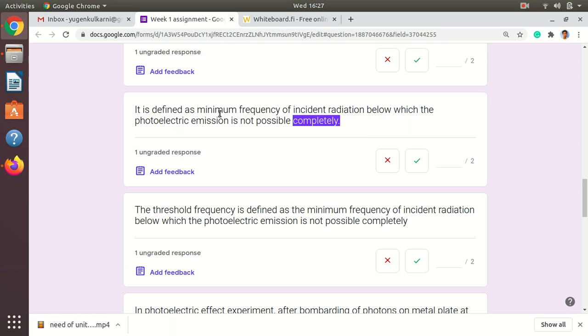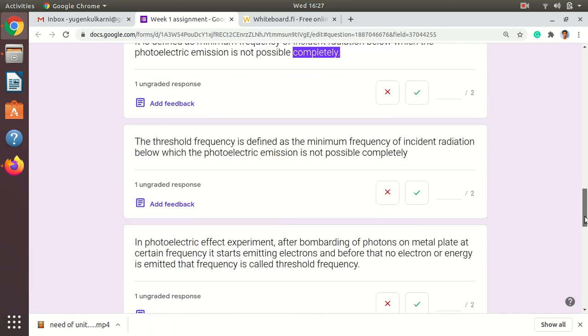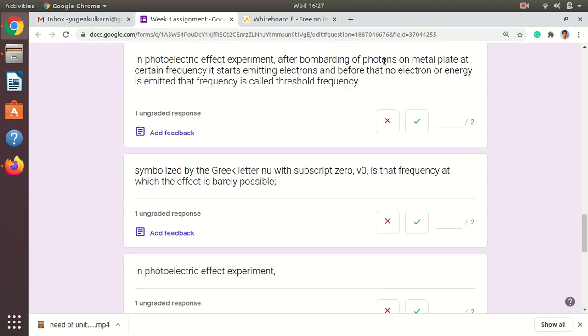In photoelectric effect, after bombarding photons on a metal plate at a certain frequency, it starts emitting electrons, and before that no electron or energy is emitted. You should not use energy, because light is energy, and if it reflects, then we can say it is emitted, because it might be captured by an electron and then released. So you should not say energy, but you can say before that no electron is emitted.